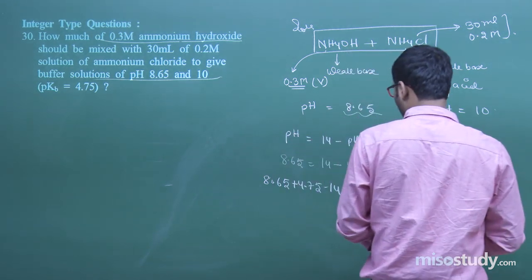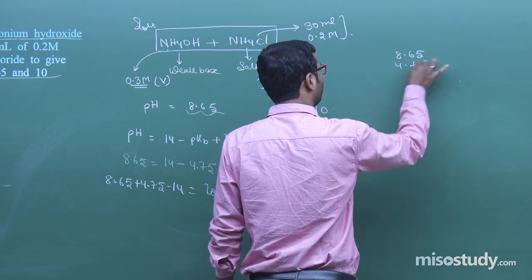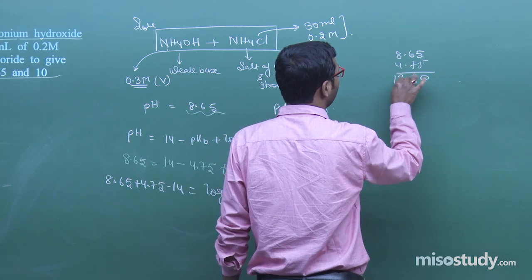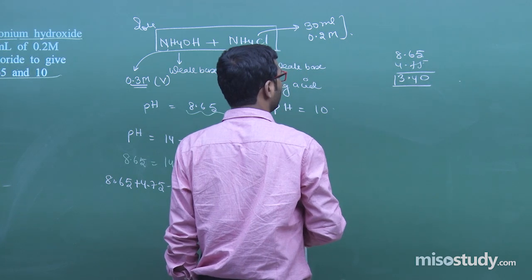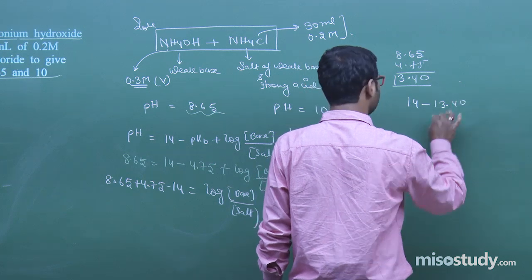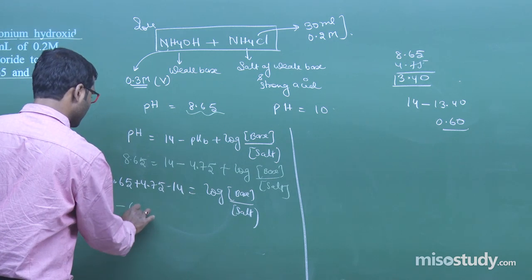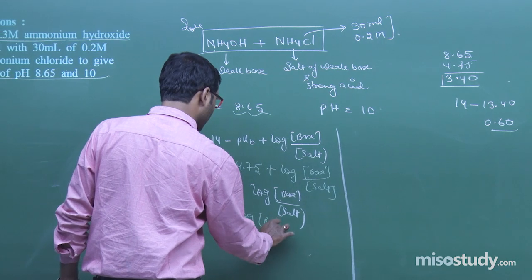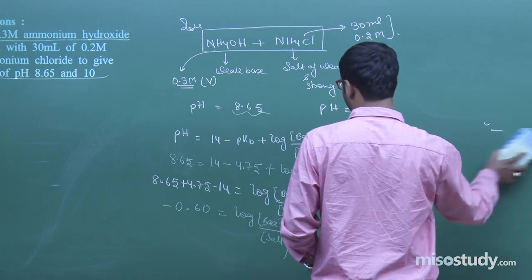Now 8.65 plus 4.75: 5 and 5 is 10, 7 and 6 is 13, and 8 and 4 is 12, so 13.40. Then 13.40 minus 14 is 0.60 almost. So what we are getting is minus 0.60 is equal to log of base upon salt.